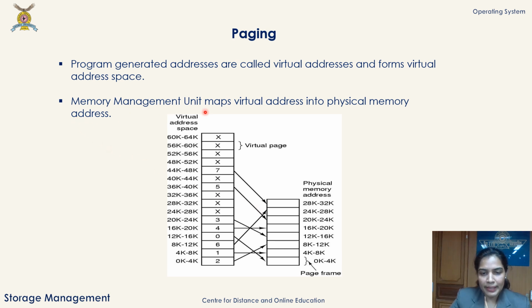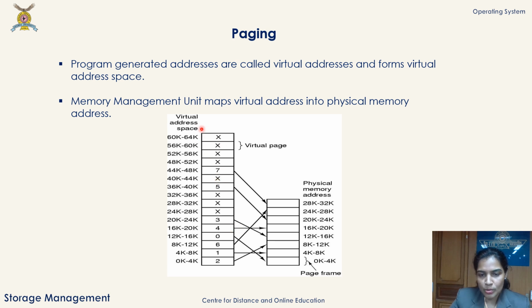The memory management unit maps the virtual address into the physical address by using the page table. In case of a page fault, the operating system loads the required page into the physical memory by swapping and mapping the process and updating the page table. So when the page is again loaded in the memory, the page table will be updated accordingly.